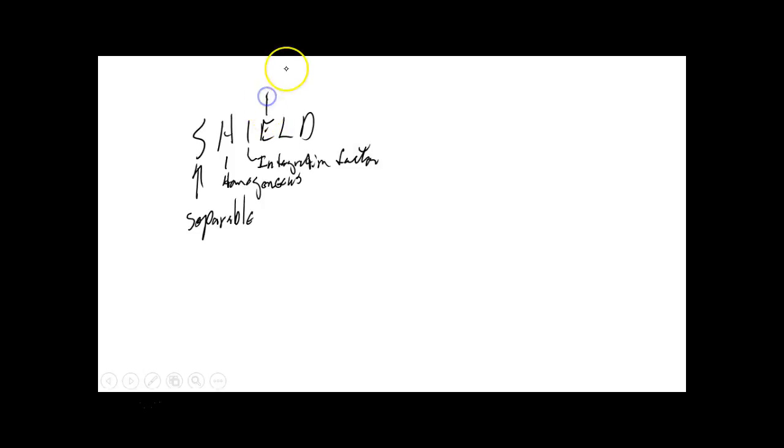The E, I know what that one is, but it's flown the coop right now. But the L was linear. This text is going to linear next. It really doesn't matter. You don't have to do it in this order.